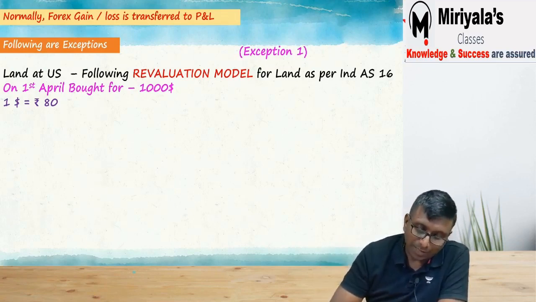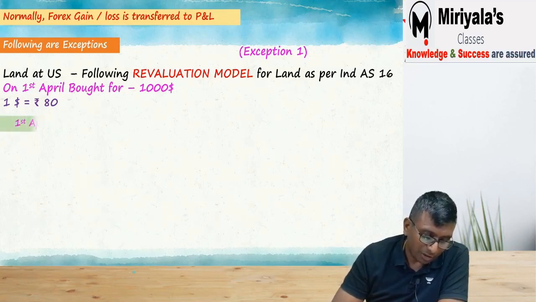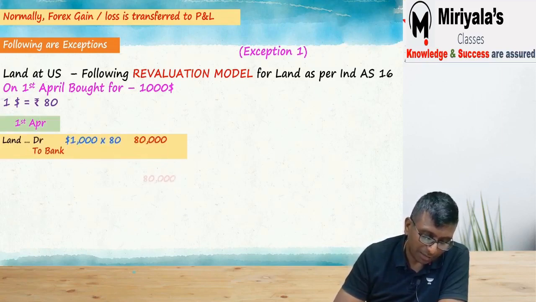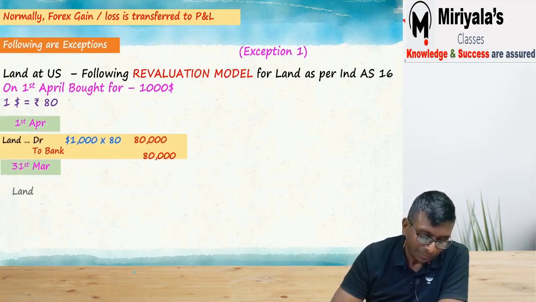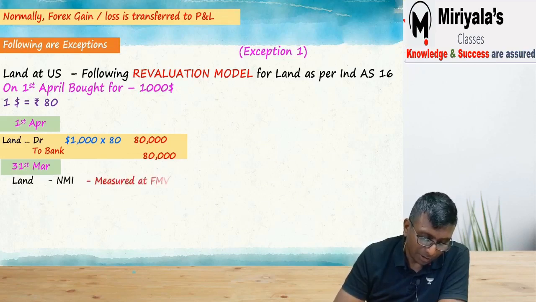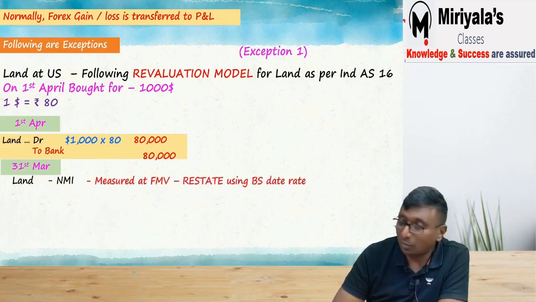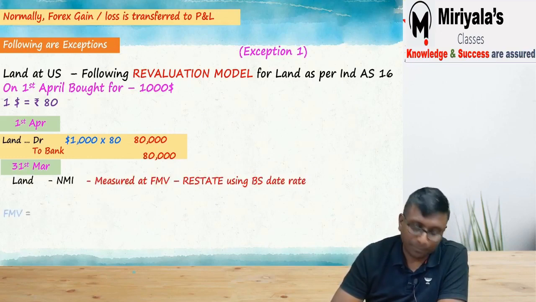As per Ind AS 16, on 1st April we bought land for $1,000. That day $1 is equal to 80, so the land account is debited with 80,000. On 31st March, land is a non-monetary asset measured at fair market value, so you have to use the current rate.